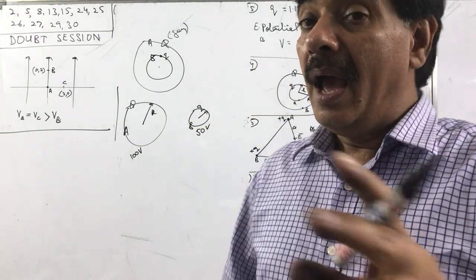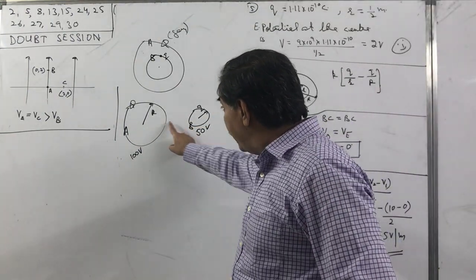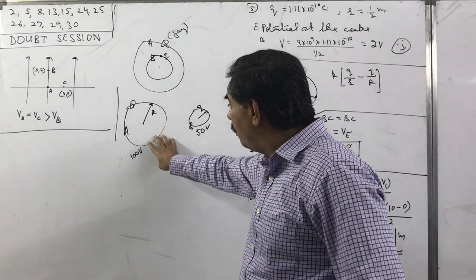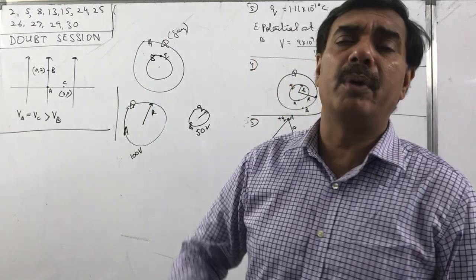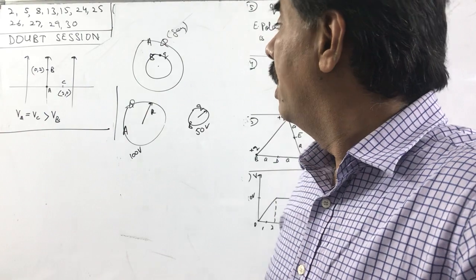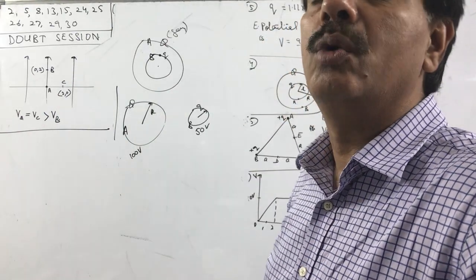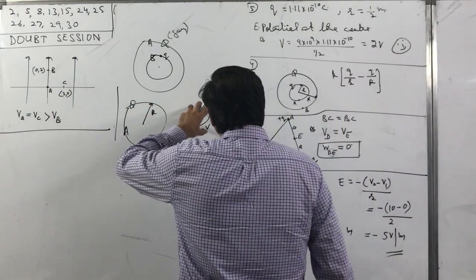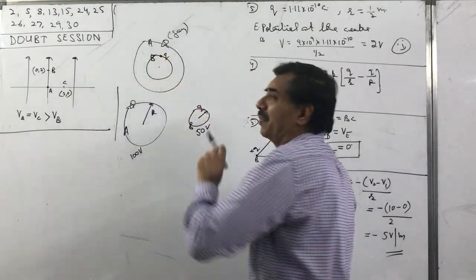Had we joined them outside only, charge would have flown from higher potential to lower potential. When I say flow of charge, I mean positive charge would have flown from the bigger sphere to the smaller sphere. But here the smaller sphere is enclosed inside the bigger sphere.